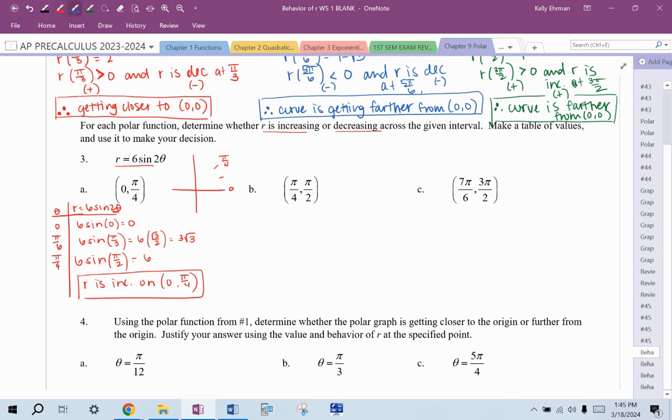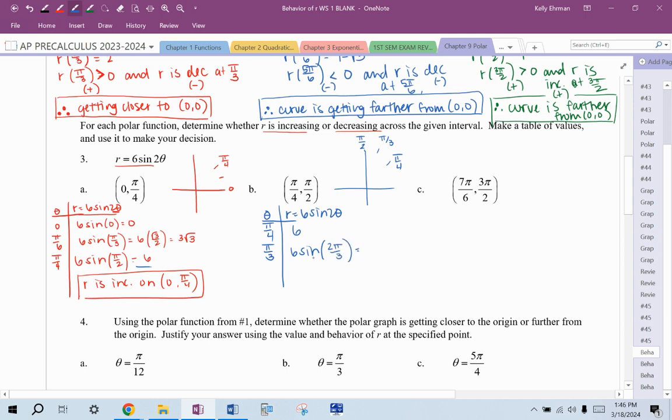Okay, for our next part, now we're looking at pi over 4 to pi over 2. So there's only one common angle between there, pi over 3. All right, so we already found pi over 4 from our last problem. That was 6. Let's plug in pi over 3. So then you get 6 sine of 2 pi over 3, because it's 2 theta.